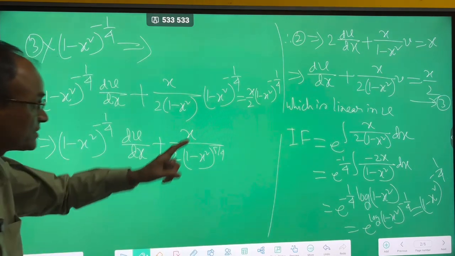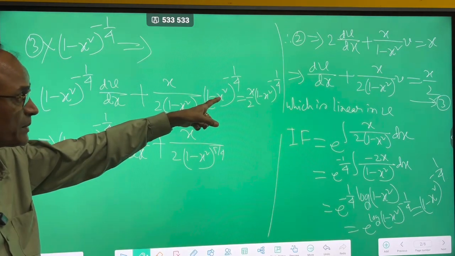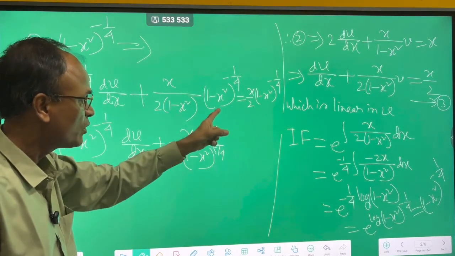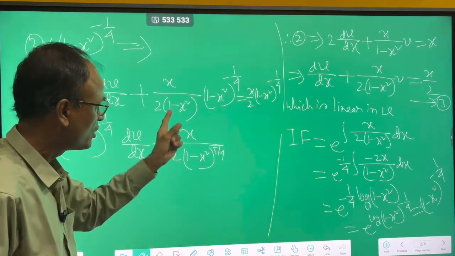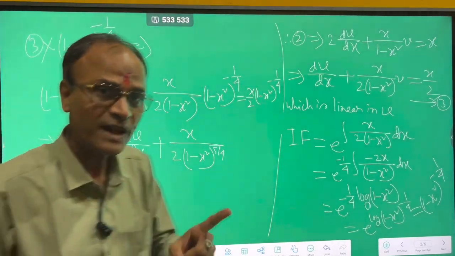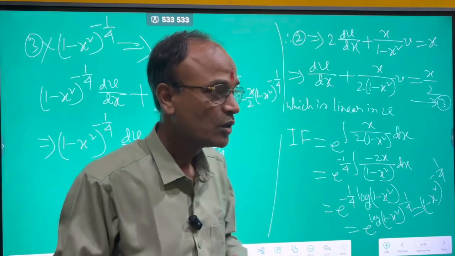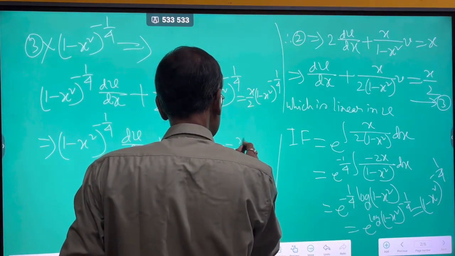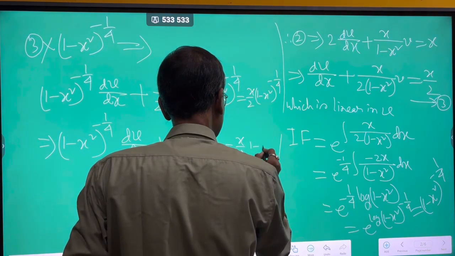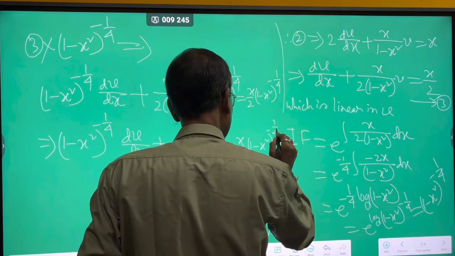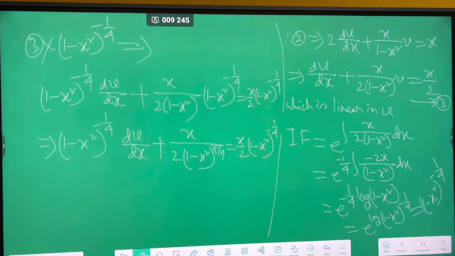Can I write like this? 1 minus x square whole to the power minus 1 by 4 means 1 by 1 minus x square whole to the power 1 by 4. Already 1 minus x square is there. 1 minus x square whole to the power 1 plus 1 by 4 means whole to the power 5 by 4. This is equal to x by 2 into 1 minus x square whole to the power minus 1 by 4.